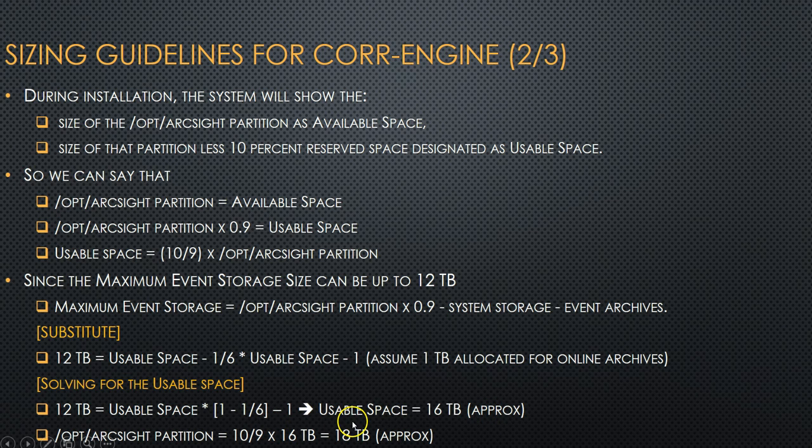So this is the usable space, and we know that the usable space equals 9 over 10 multiplied by the /opt/arcsight partition.